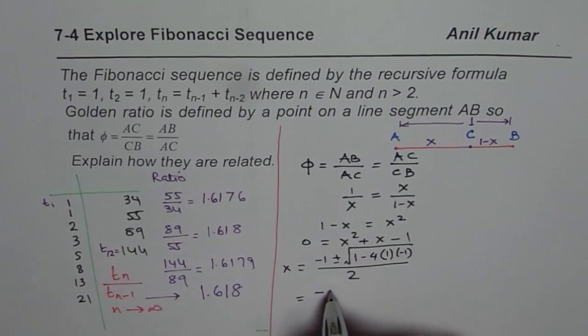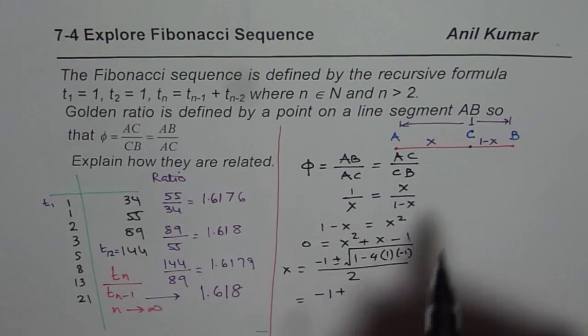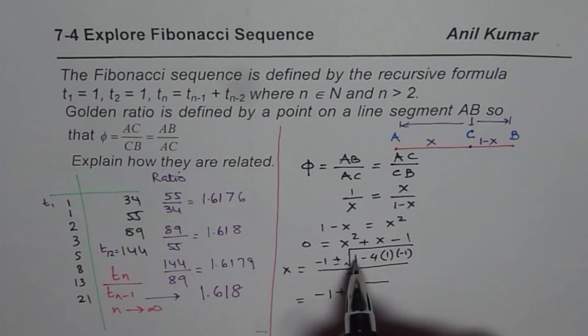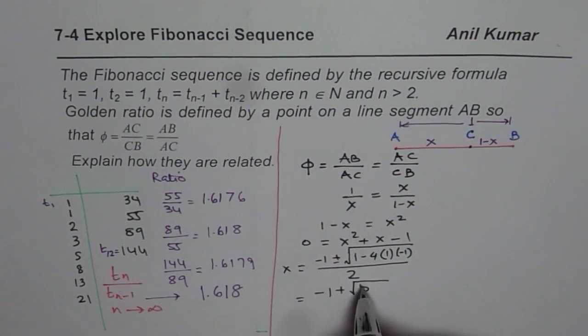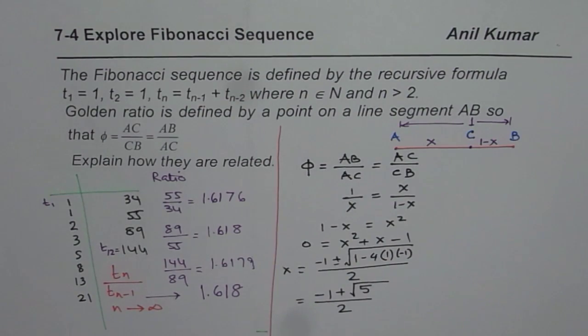So what you get here is minus 1, and it is plus or minus. We should take plus only since the lengths are positive. Square root of, this is plus 4, 1 plus 4 is 5. So we get square root of 5 minus 1, divided by 2.